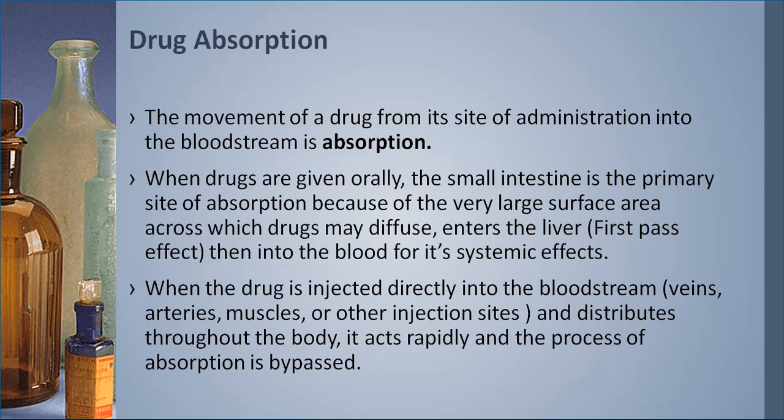Anytime that we jump the intestine and we are giving the medicine directly into the bloodstream, absorption doesn't occur again because we have jumped absorption. Then we come straight to distribution, where the medicine is distributed.